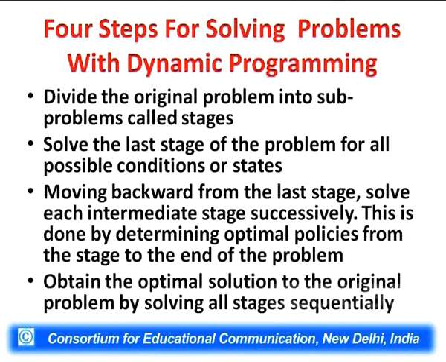At each stage we have to find its best possible optimal solution, and the final step is the solution to the main problem. The solution to the big problem is based on the solutions of all these stages, and these are combined together to get the net solution to the main problem. And these 4 steps are always to be completed for getting a solution to our problem using the dynamic programming technique.